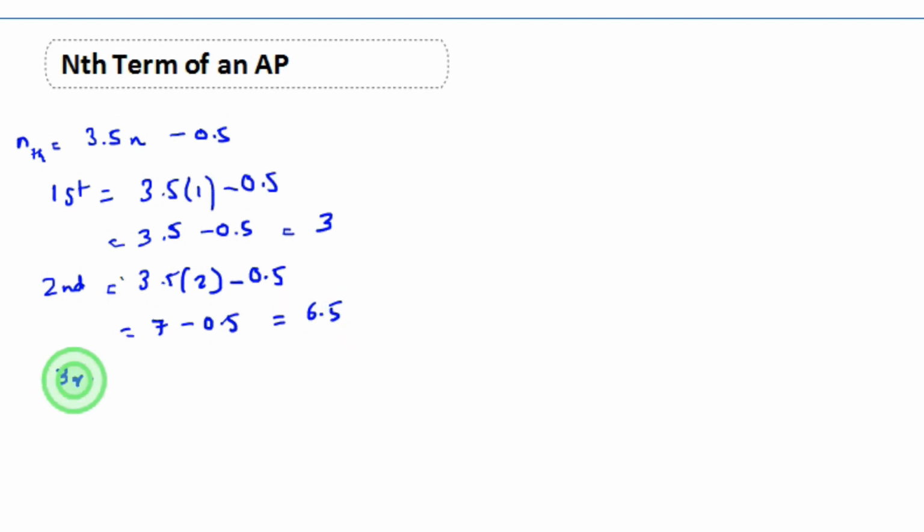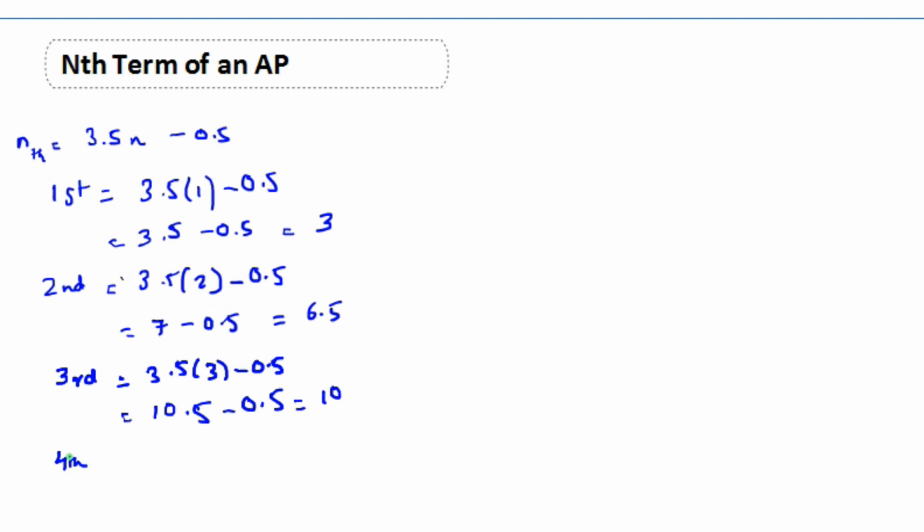The third term would be 3.5 times 3 minus 0.5, which is 10.5 minus 0.5, equal to 10.